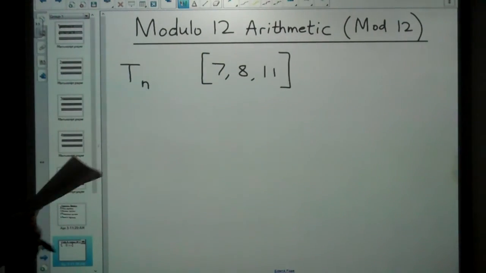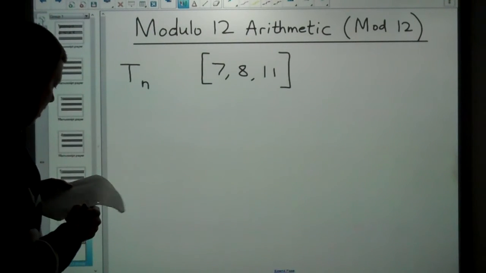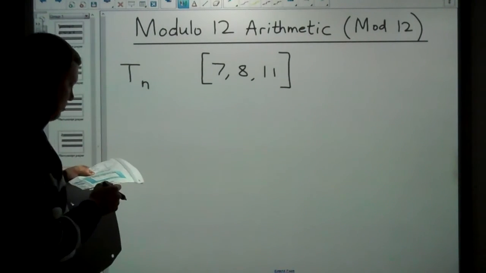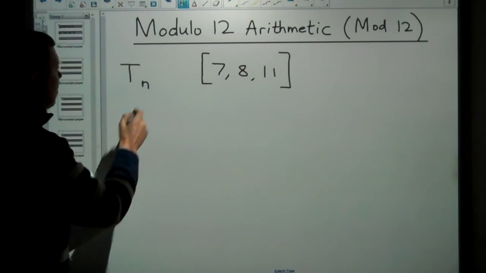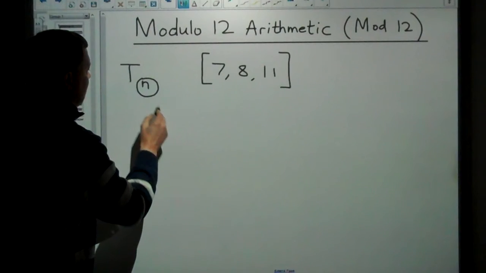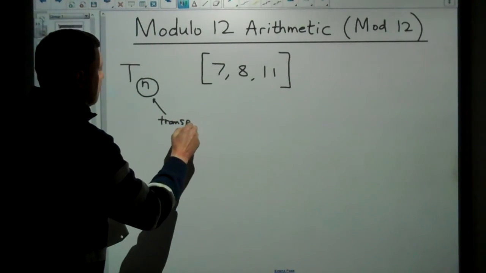In order to transpose this, you add the transposition number, which is the subscript n of the symbol T sub n.